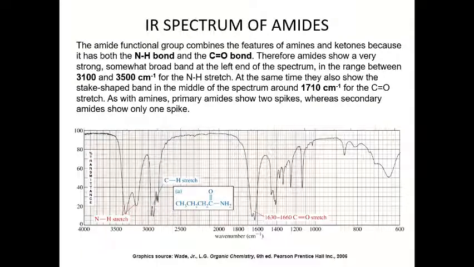In the case of amides, in the NH part, since it combines features from both the amine and the carbonyl group, amides will show a very strong and somewhat broad peak at the left of the spectrum in the range between 3,100 and 3,500 inverse centimeters because of the NH stretch, right?